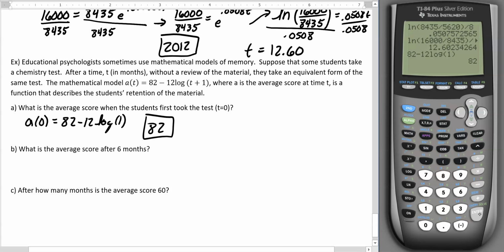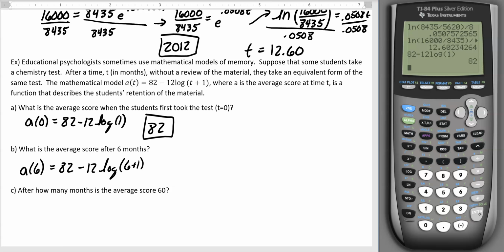So 82 is the average score. What's the average score after 6 months? So that would be A of 6. I'd plug in 6 for t. So 82 minus 12 log of 6 plus 1, which is 7. So I'd say 82 minus 12 log of 7, 71.86.